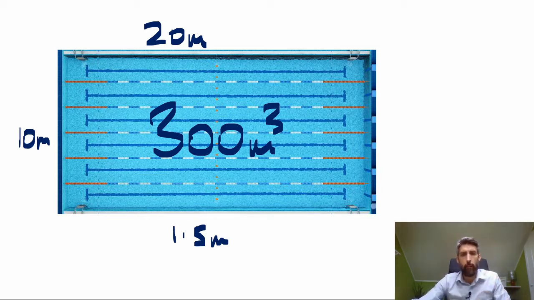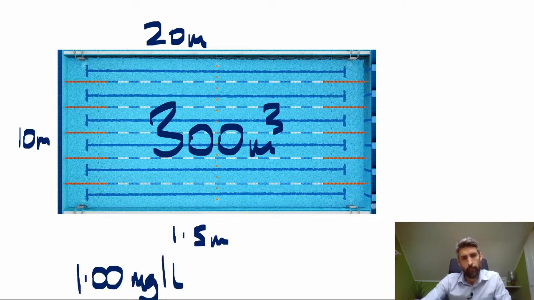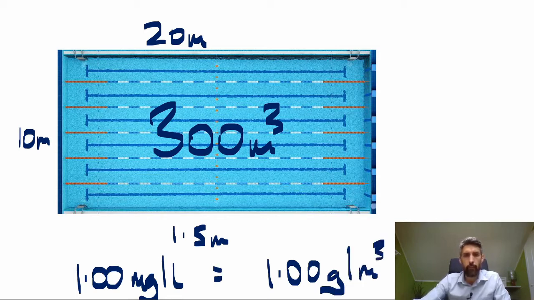because 1 milligram per litre, which is what you measure your free chlorine in, is equal to 1 gram per cubic meter. That's how the metric system works.